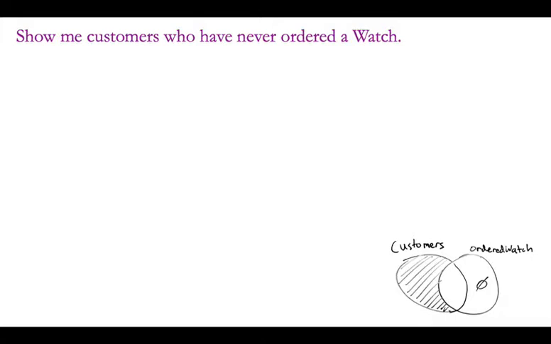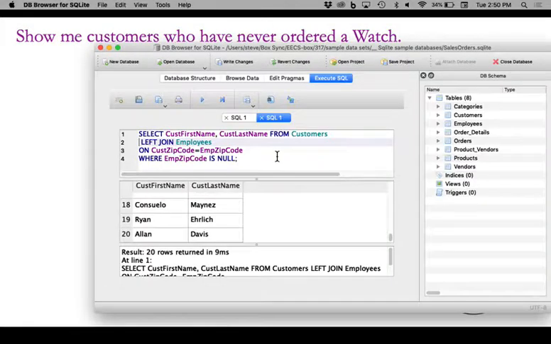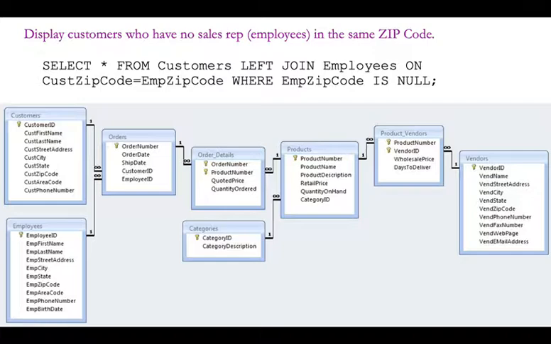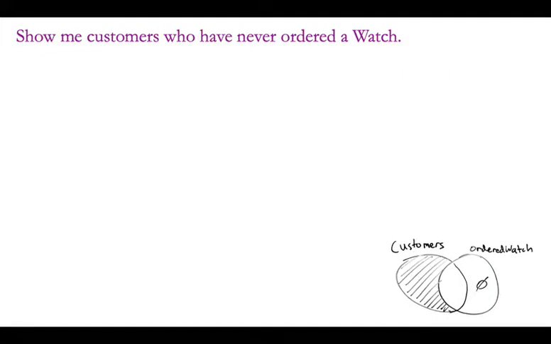But in order to answer that question, we can start by building a query that matches up customers with the watch orders that they made, kind of, right? And if we can't match with a watch order, then we print that row, right? Okay, unfortunately, for some reason I got rid of the diagram because it wouldn't fit with the answers, but sorry.